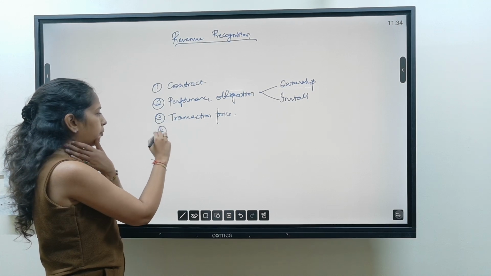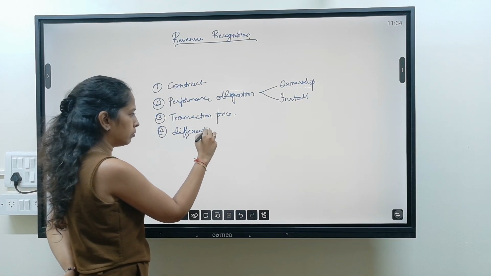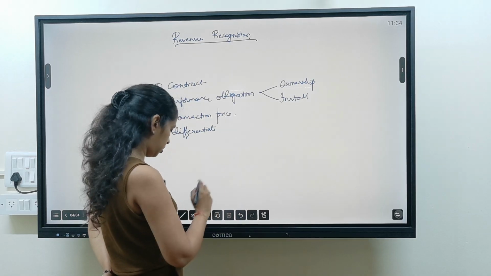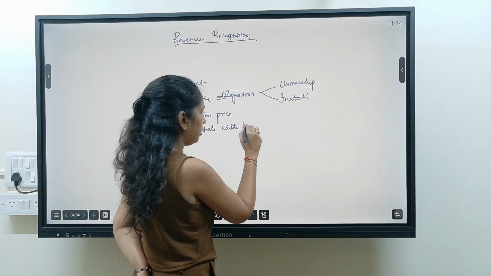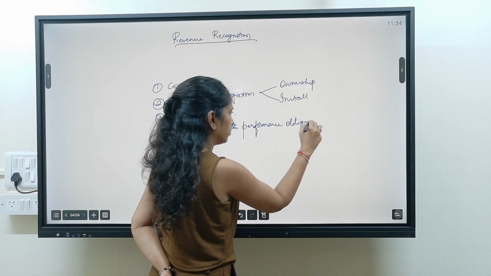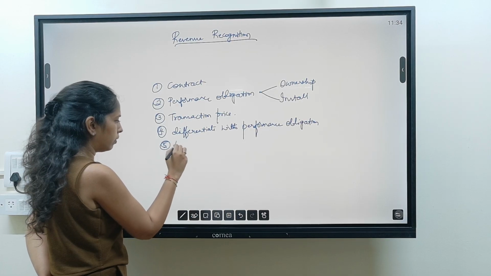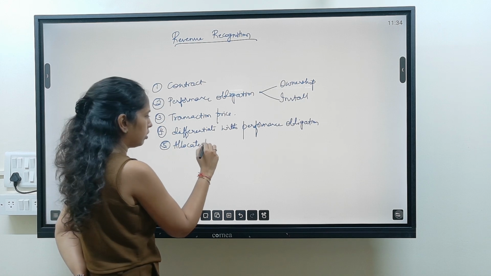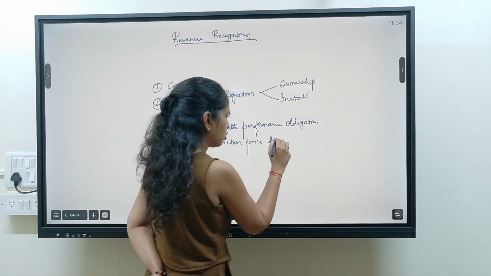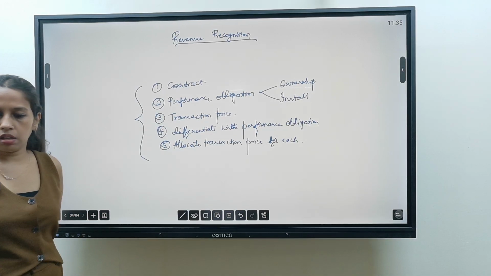So we need to basically differentiate between various performance obligations and then determine the transaction price for each.